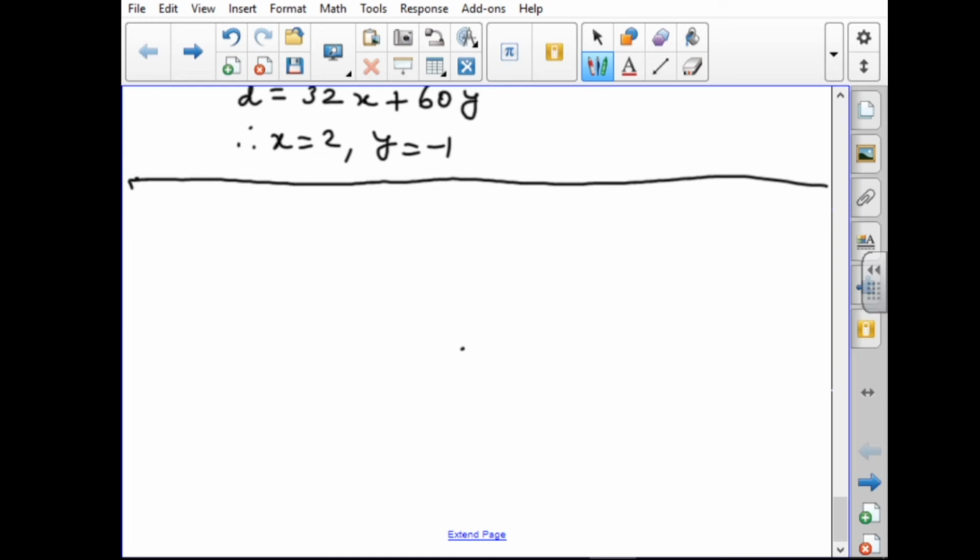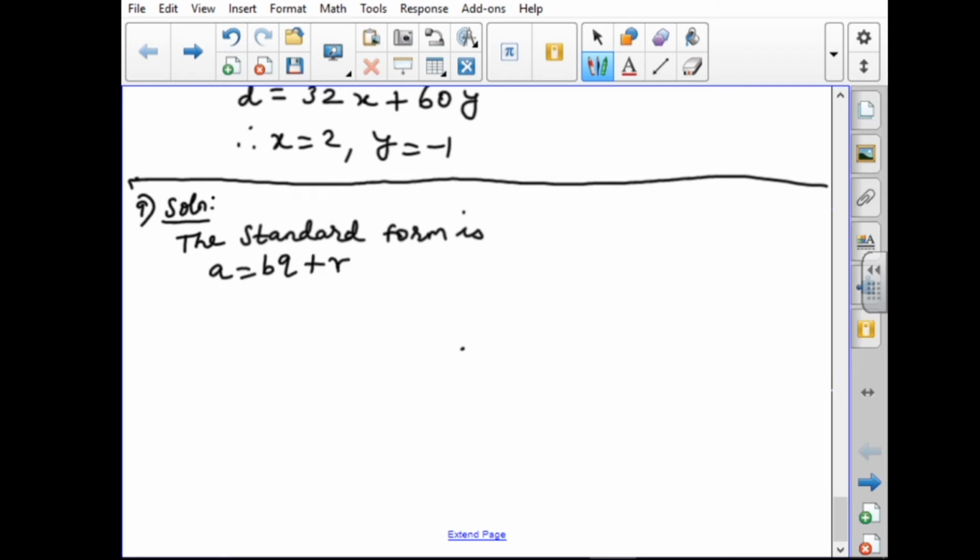9th one. We know that Euclid's division lemma, the standard form, is a equal to bq plus r.